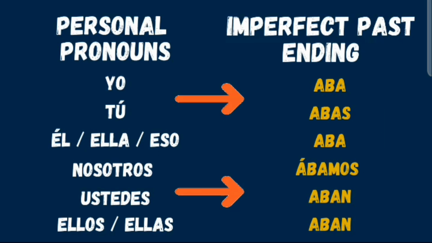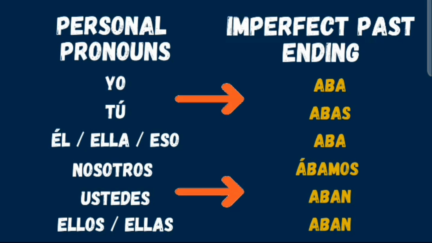If you have the personal pronoun you, tú in Spanish with an accent, then the ending of your verb in the imperfect past has to be -abas. You just have to add an s.